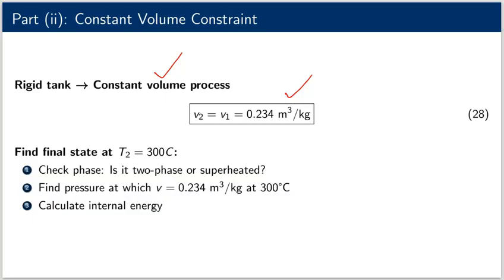Now for our final state, temperature is given, T2 is 300 degrees centigrade. First we have to check, is it two phase or superheated? Find pressure at which V is equal to that. Already we got that, because it is constant volume at 300 degrees centigrade, and then finally we have to calculate the internal energy. Now we have to check whether it is a two phase mixture or superheated.